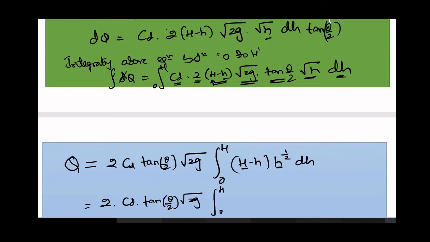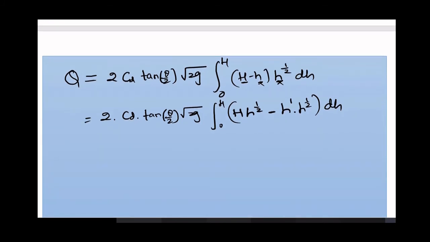So between 0 to h, H to the power of 1 by 2 minus h to the power of 1, multiplied with h to the power of 1 by 2, into dh is the equation. We are just solving this equation using some mathematical formulas.